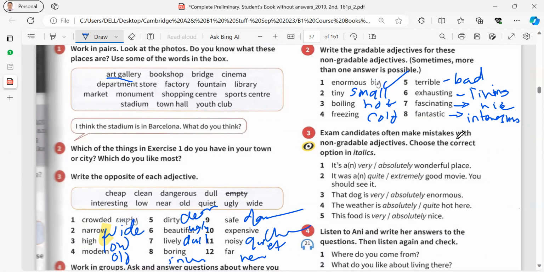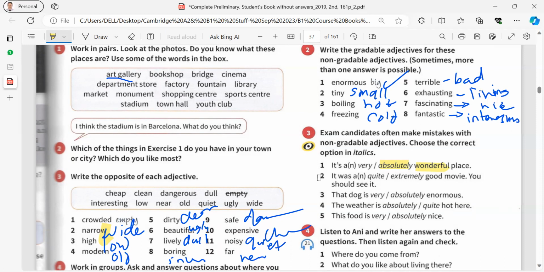Now, come with me, please. Exam candidates make mistakes with non-gradable adjectives. Choose the correct one. It's a very, absolutely wonderful place. Wonderful: gradable or non-gradable? Absolutely, because wonderful is non-gradable.